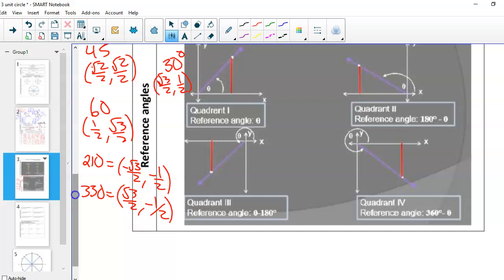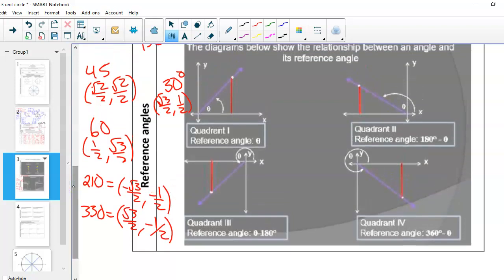Sure. Pick some angle that's not in the first quadrant. Pi. Let's stay away from that because that's its own. 5 pi over 4, so that's 225. 225 minus 180 is 45.